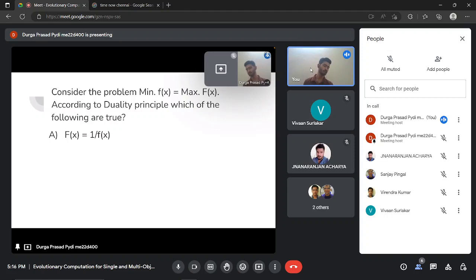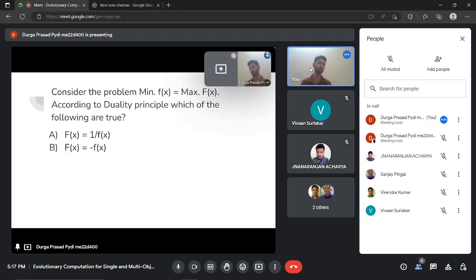As you can see, there are two particular options here. You can either choose capital F of x equal to 1 by f of x. If you choose this option, whenever you are minimizing small f of x, your capital F of x will be increasing. So that is one way of doing it.